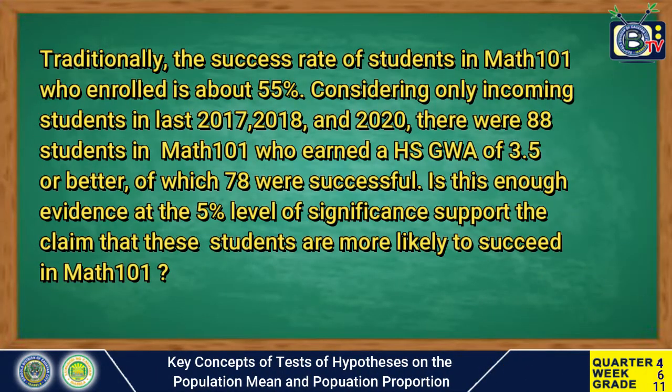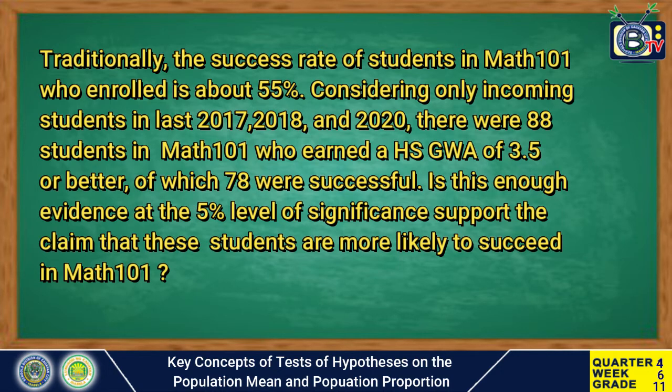For example, traditionally, the success rate of students in Math 101 who enrolled is about 55%. Considering only incoming students in 2017, 2018, and 2020, there were 88 students in Math 101 who earned a high school GWA of 3.5 or better, of which 78 were successful.